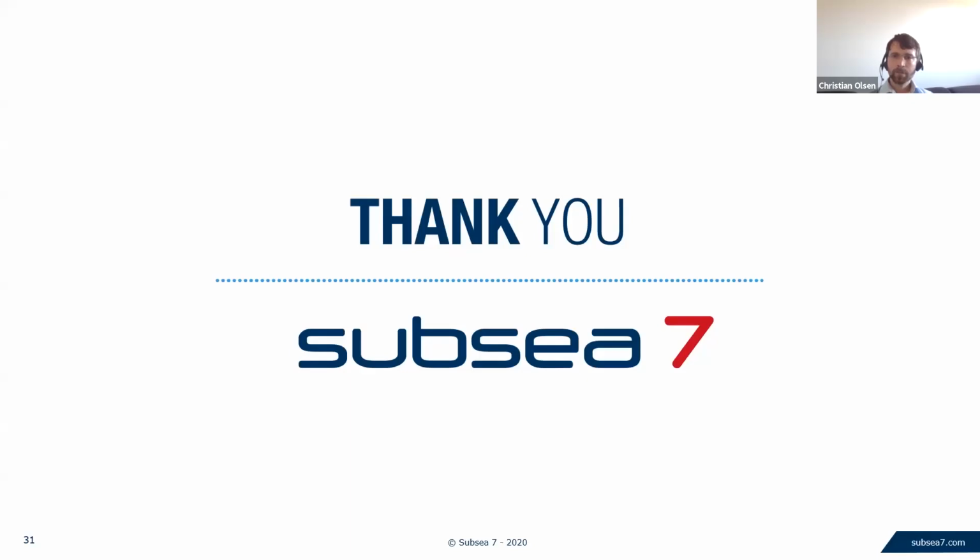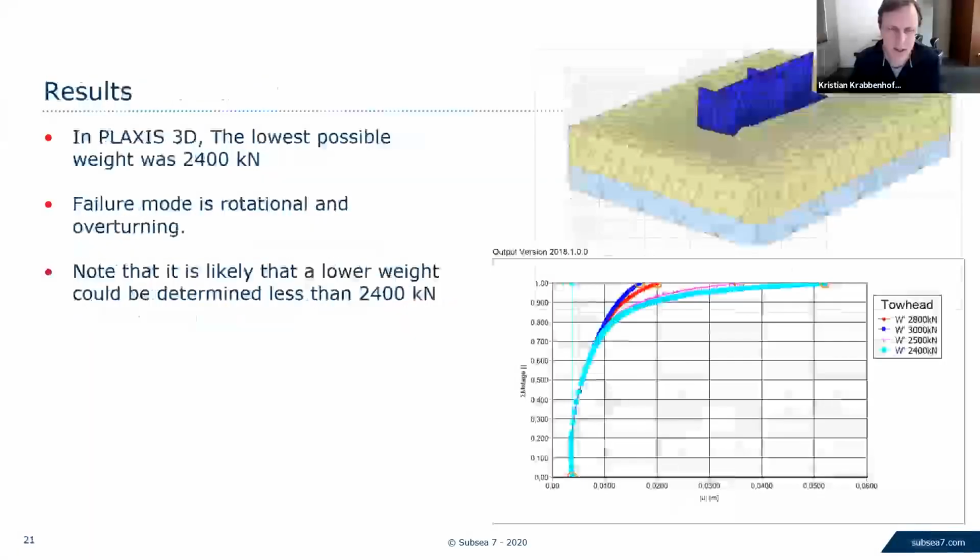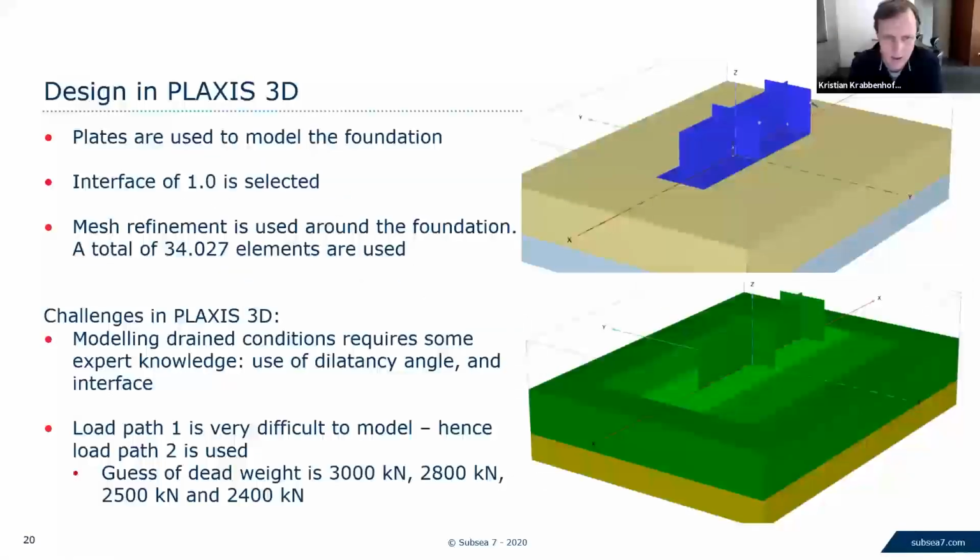I would say, also speaking with my Optum hat on, that one of the differences between PLAXIS and Optum in 3D is the elements used. So you mentioned the three elements, the upper and lower and the mixed element, and the mixed element in particular is a very accurate element.